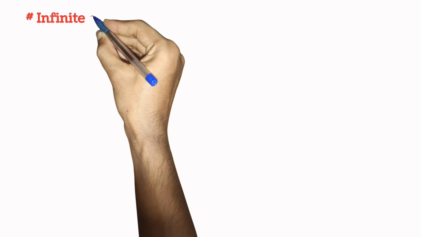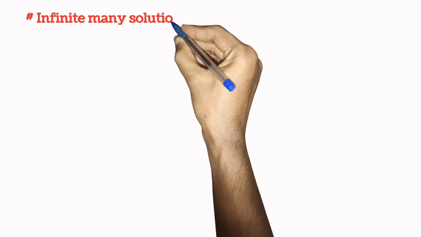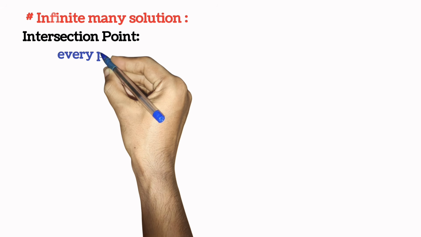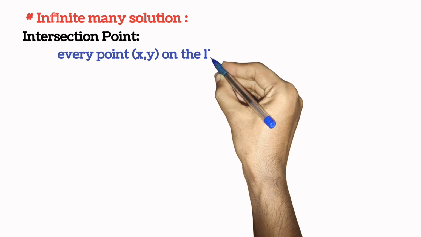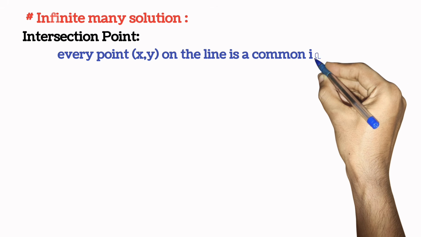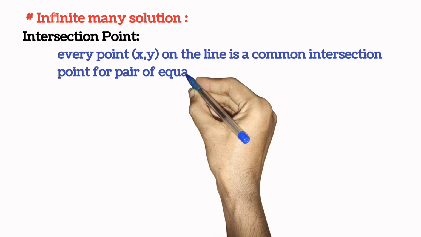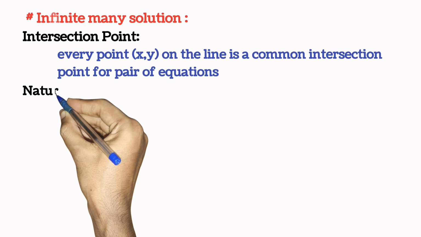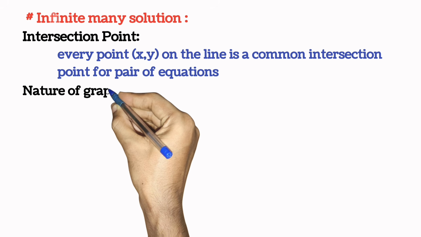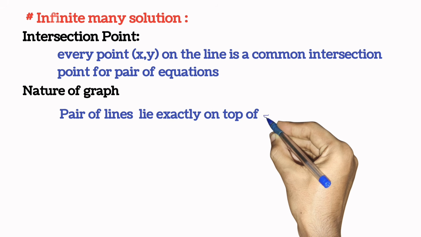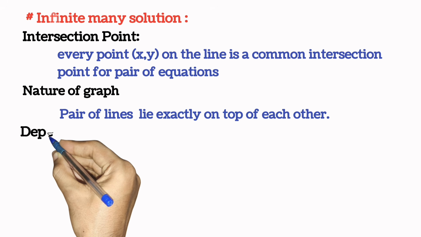Now we look at infinitely many solutions. Intersection point for infinitely many solutions: every point x and y on the line is a common intersection point for the pair of equations. Nature of graph for infinitely many solutions: the pair of lines lies exactly on top of each other.